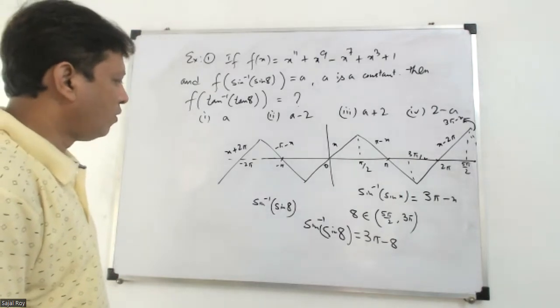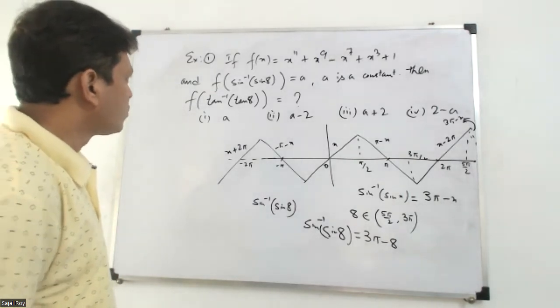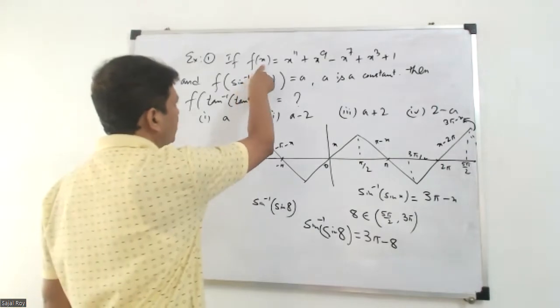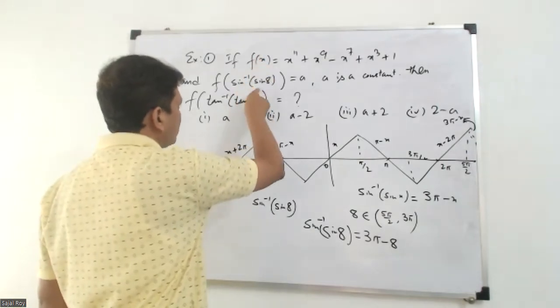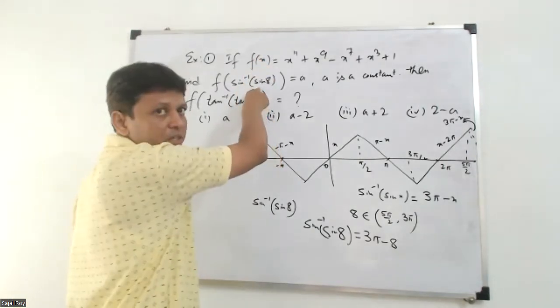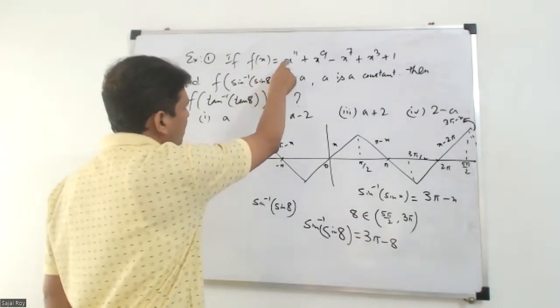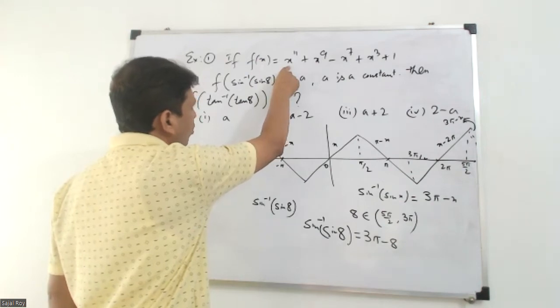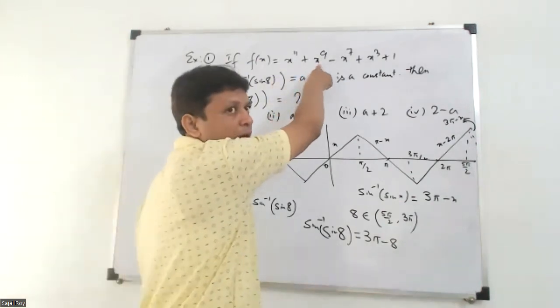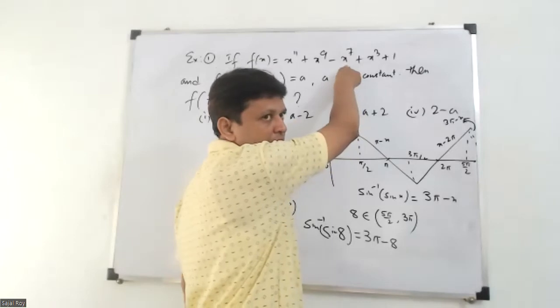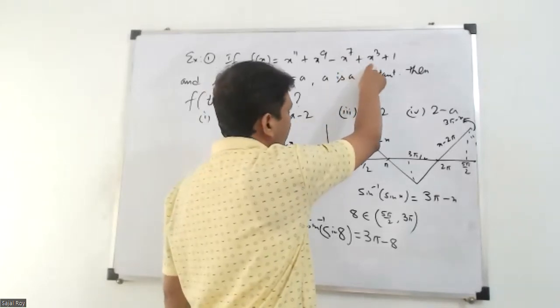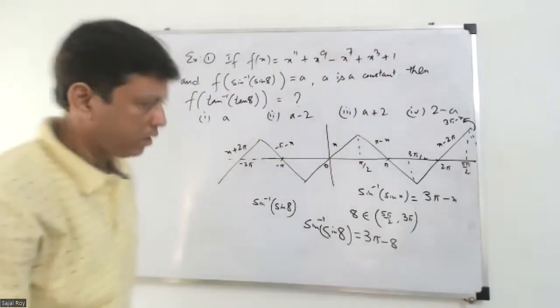Now, x will be replaced by 3 pi minus 8. It will be 3 pi minus 8 whole to the power 11, plus 3 pi minus 8 whole to the power 9, minus 3 pi minus 8 whole to the power 7, plus 3 pi minus 8 whole cube plus 1.